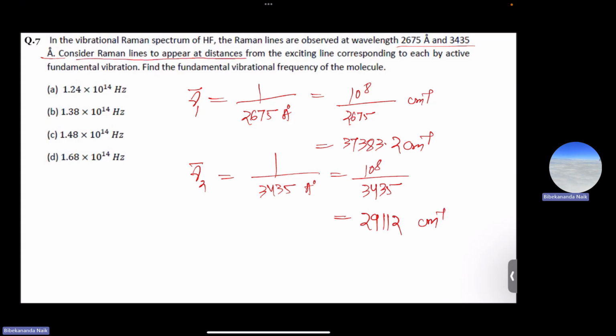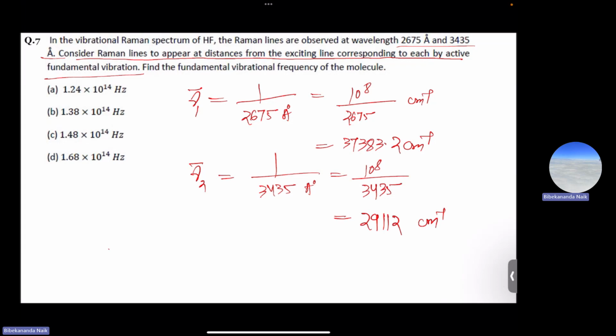Now you see, consider Raman lines to appear at a distance from the exciting line corresponding to each by an active fundamental vibration. The two wavelengths given don't correspond to the exciting line, they correspond to the Raman lines. So how will we obtain the Raman shift from these two Raman lines?